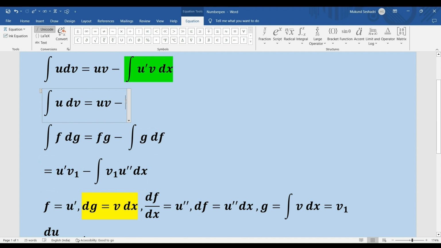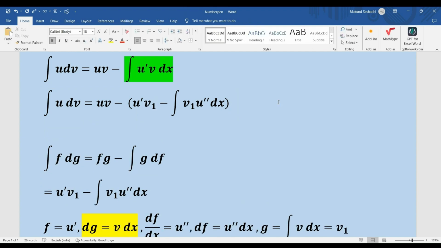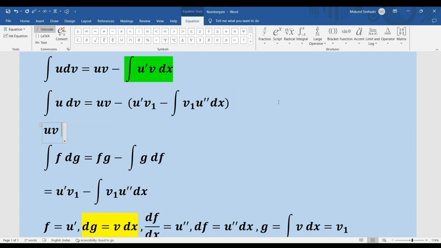So I'm going to open my bracket here and write it like this. Now, when I expand this, what do I get? uv minus u dashed into v1, where remember that v1 is the first successive integral of v. And then I have a plus, the integral of v1 into u double dashed dx.